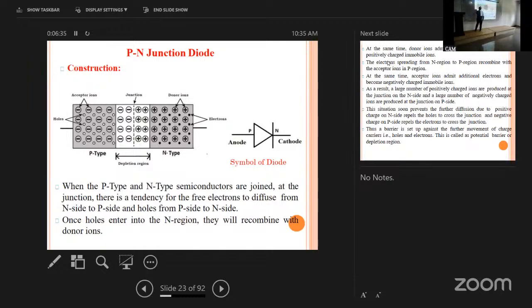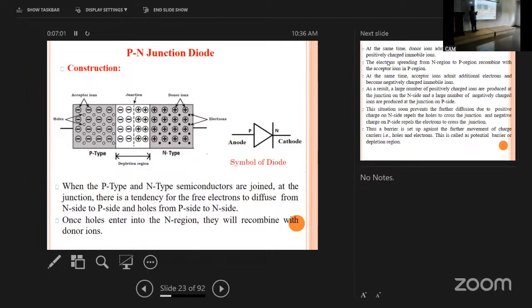So whenever this P-type material is joined or sandwiched to N-type material, it forms the PN junction diode. What are the majority charge carriers here? Holes are the majority charge carriers. Here, electrons are the majority charge carriers in the N-type material. The contact surface between P and N type forms the depletion region.